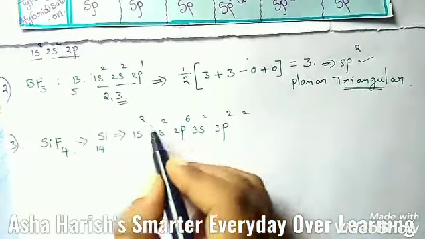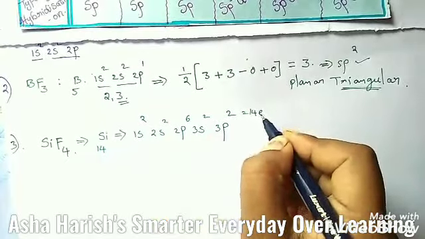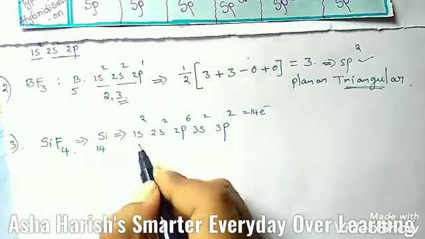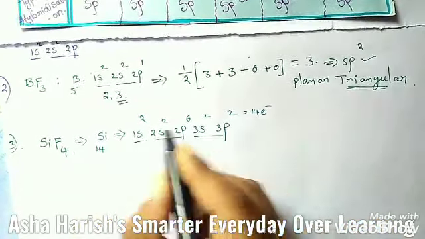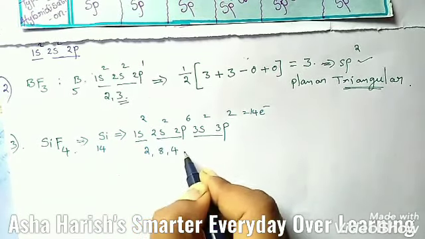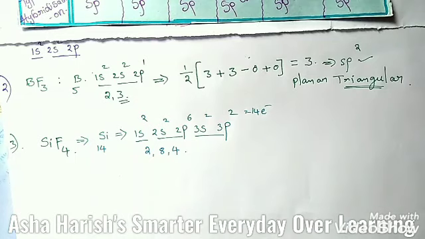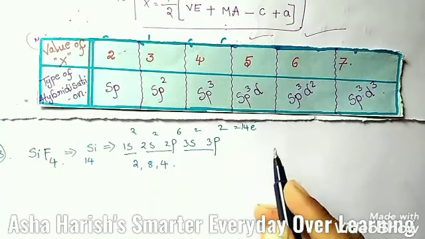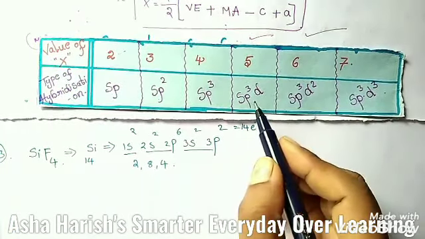If you count these numbers, 10 plus 4, you should get 14 electrons. Then the simple notation is 2, 8, 4. For silicon we have to calculate the X value.